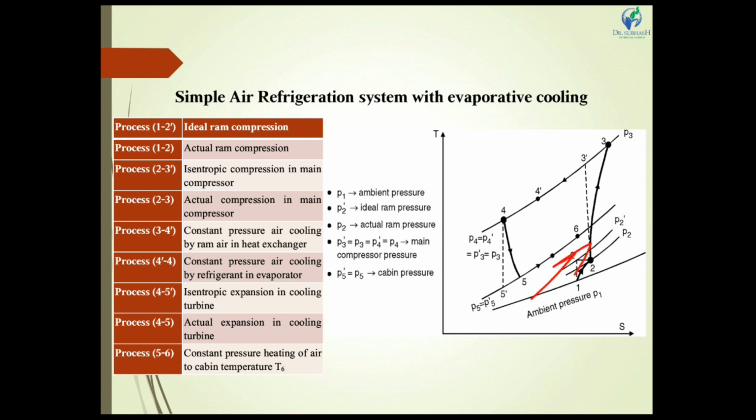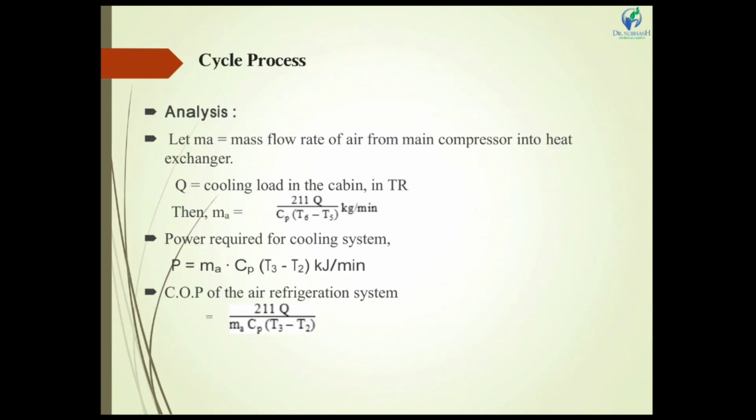Process 5 to 6 is constant pressure heating of the air to cabin temperature T6. In the cycle analysis, all the terms for the ram air, main compressor, heat exchanger, evaporative cooling and cooling turbine processes are the same. Let us go to the final equations for the analysis.